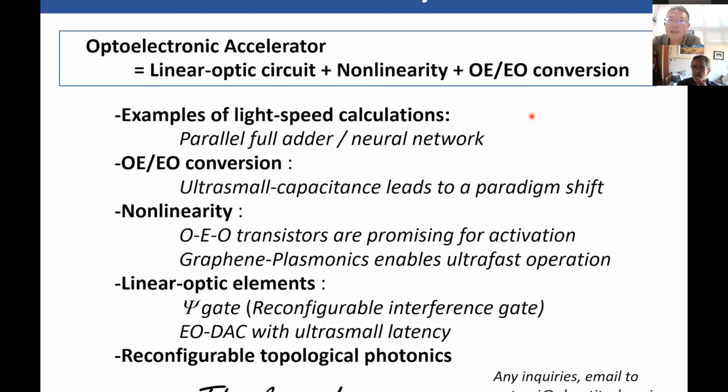So that's why we would like to use a combination with some electronic functionality. I mean the OEO conversion. In that case, the total functionality is all optical, but inside there are optical and electrical conversions.